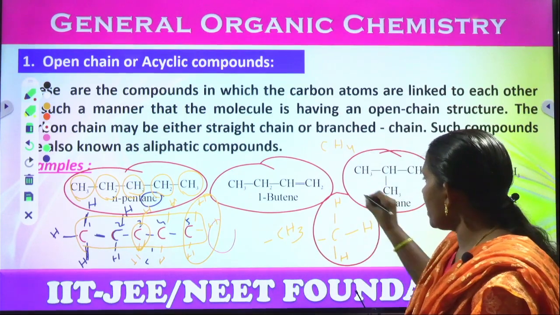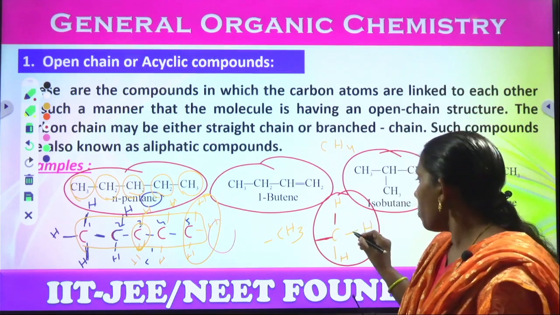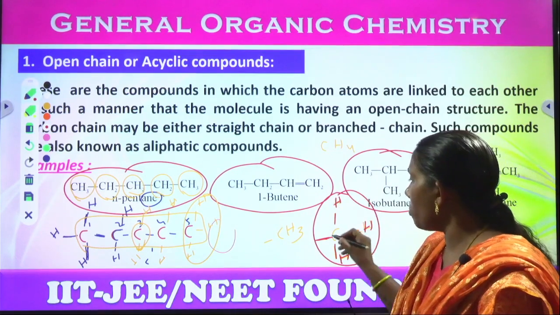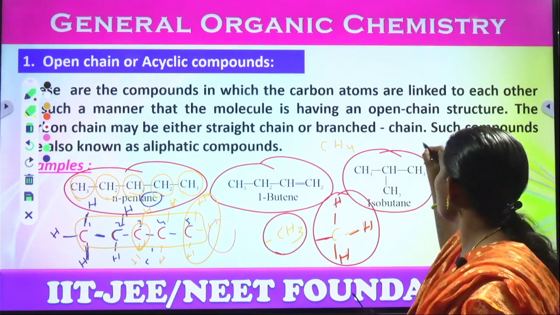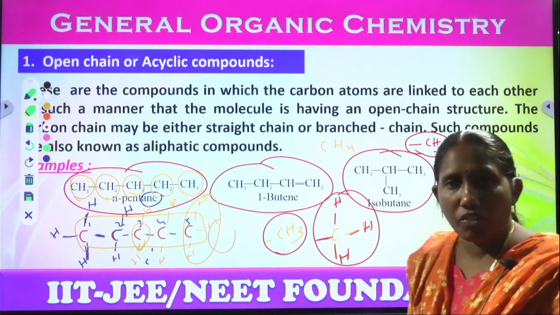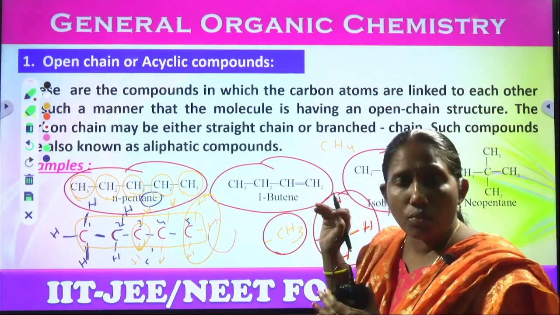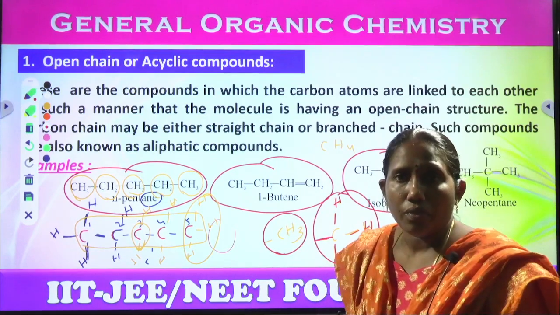While writing CH3, carbon should have tetravalency, but here 3 bonds are with hydrogens and 1 bond is left free. That is why, while writing CH3, we always represent it with 1 bond. So this is the basic structure to understand what CH3, CH2, CH2, CH2 means.